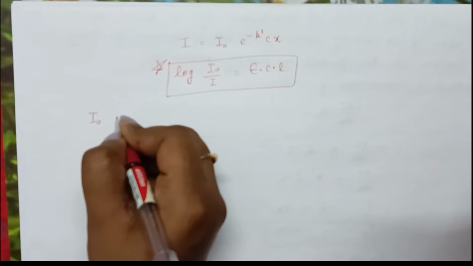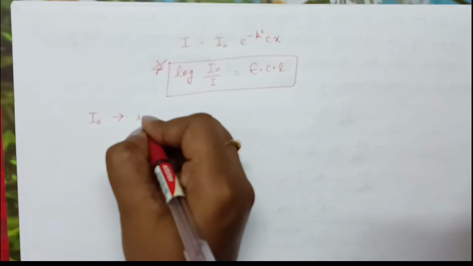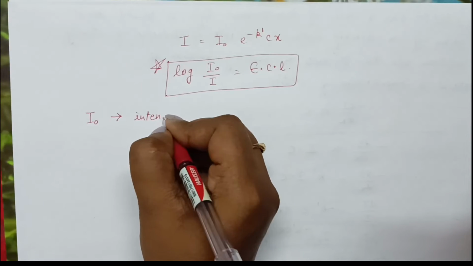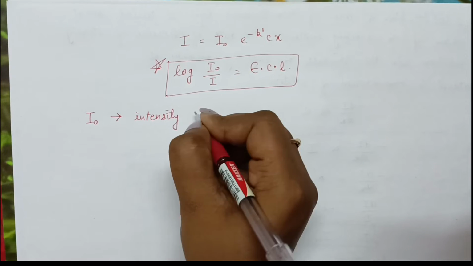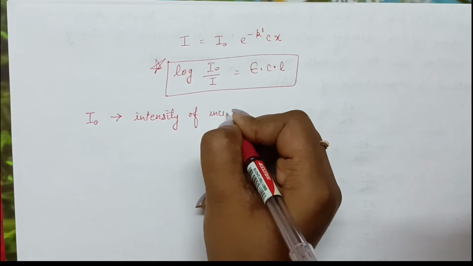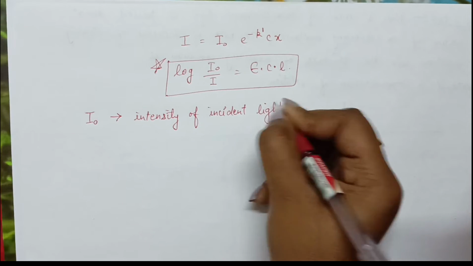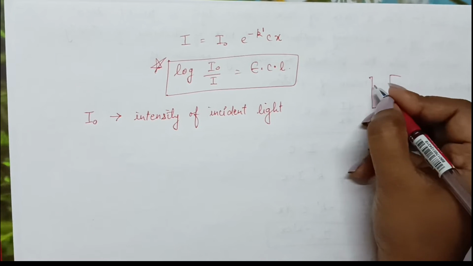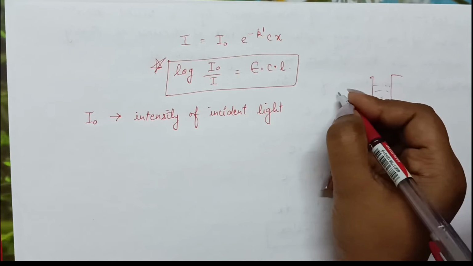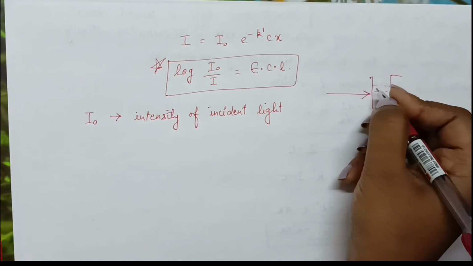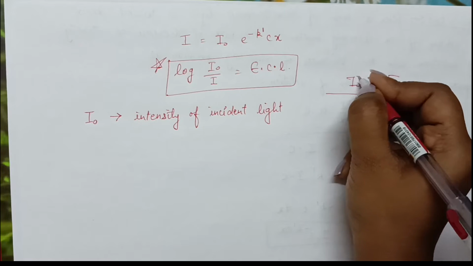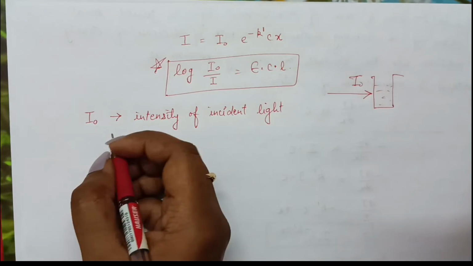So I naught will be the intensity of incident light. Now what will be the incident light? Suppose this is the cuvette in which we have the solution. The light which is initially incident, that will be I naught, right?